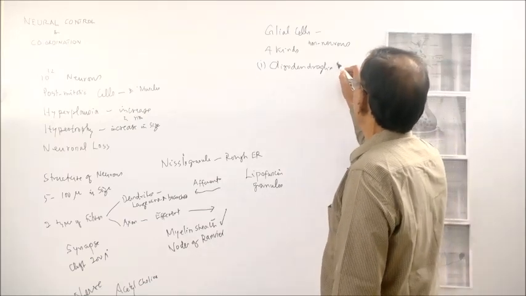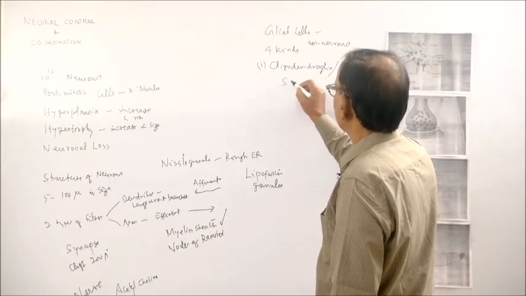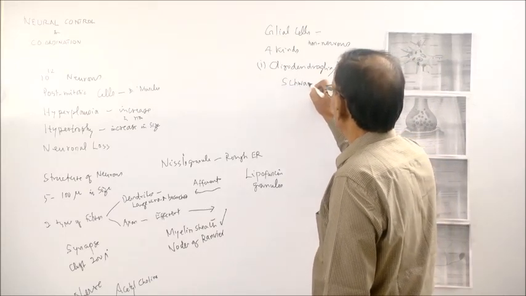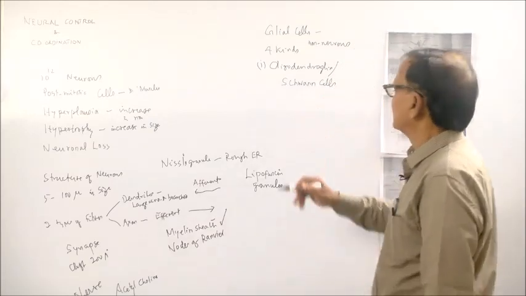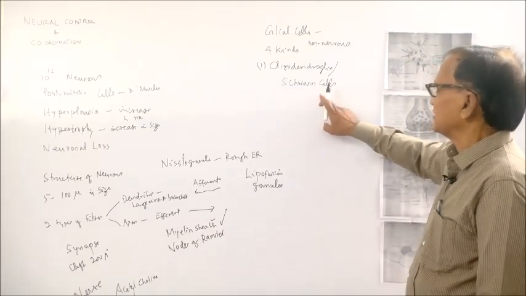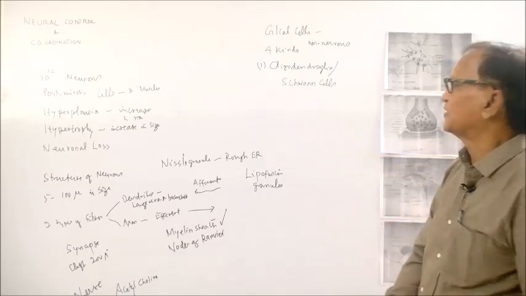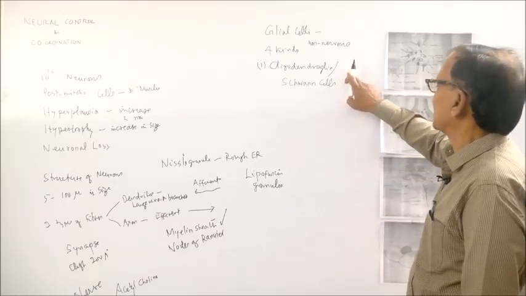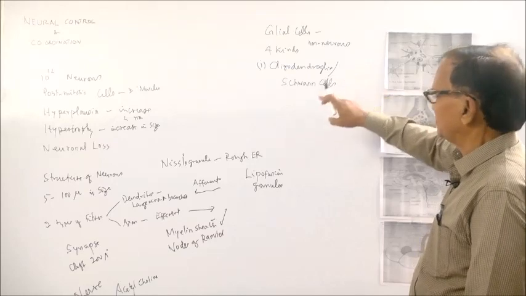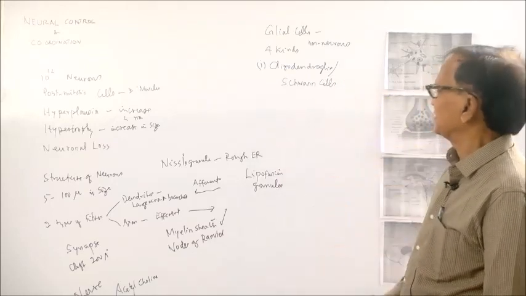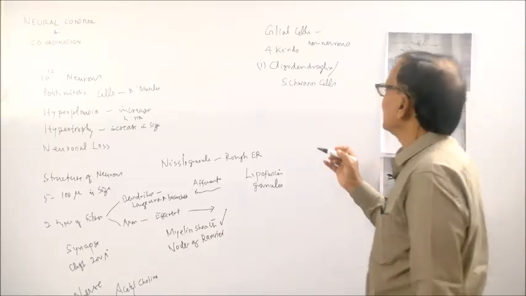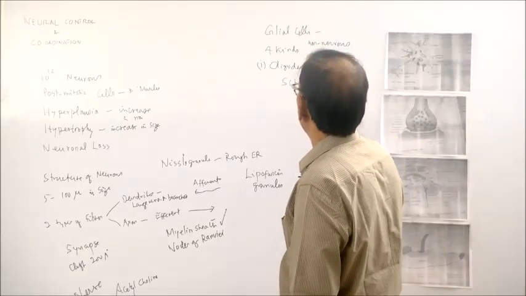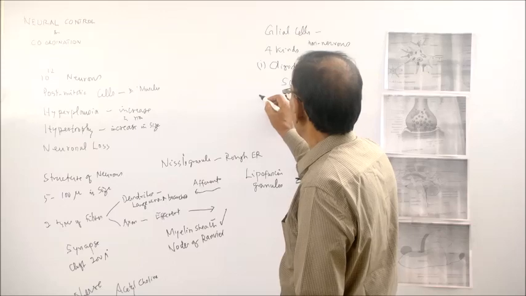Another, its equivalent, is the Schwann cell, which also synthesizes myelin, but Schwann cells are present outside the central nervous system. Oligodendroglia synthesize myelin sheath inside the CNS, Schwann cells outside the CNS. So, oligodendroglia and Schwann cells are a kind of glial cells.